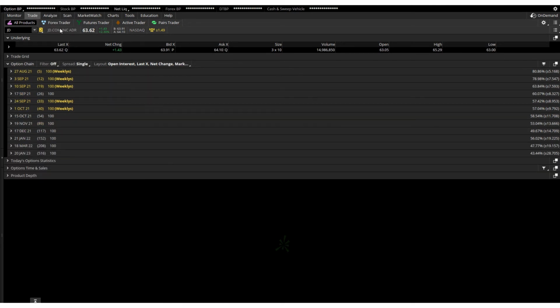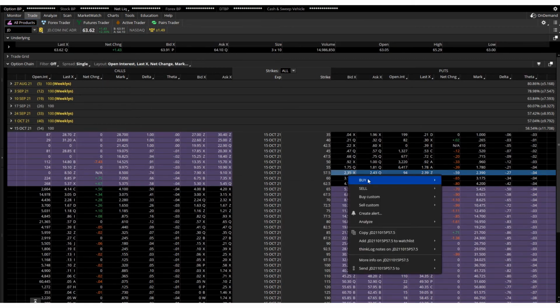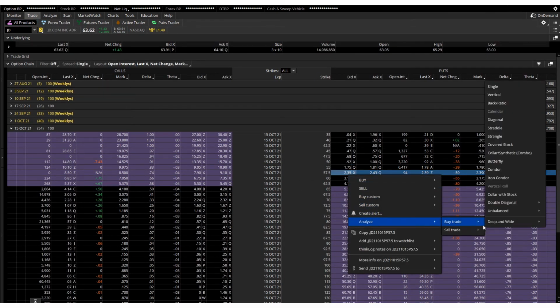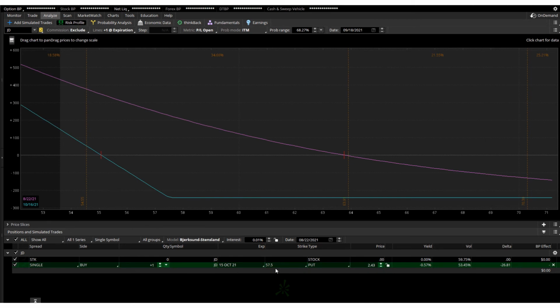Also, if I look at the Analyze tab, let me click back into it. So if I was here, this is a single contract, regarding the October 15th 57.5 put.